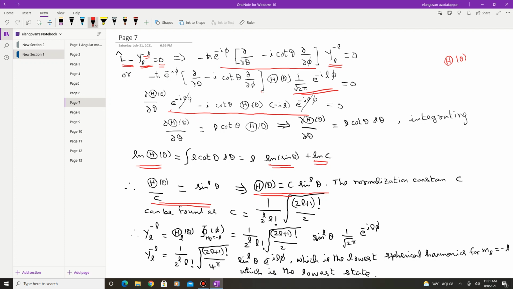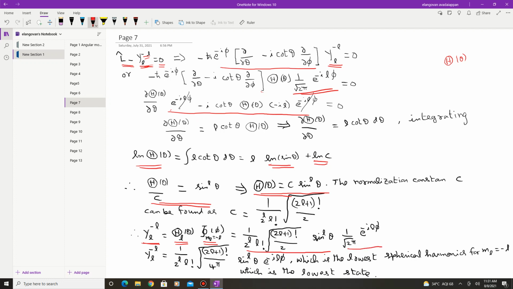Now let us substitute this back. What is Y_l^{-l}? This is the lowest state, which is the product of the theta part and the phi part. The theta part we have already evaluated, with the normalization constant, and the phi part we have also evaluated separately.